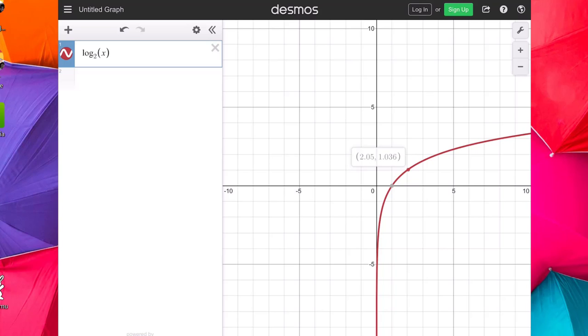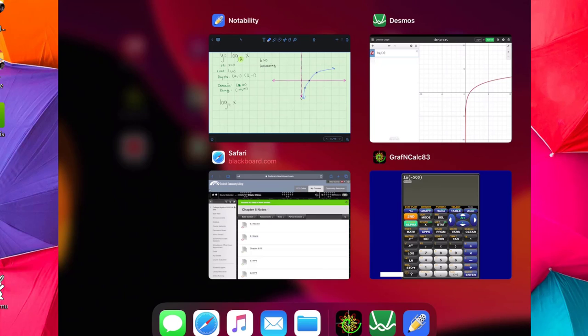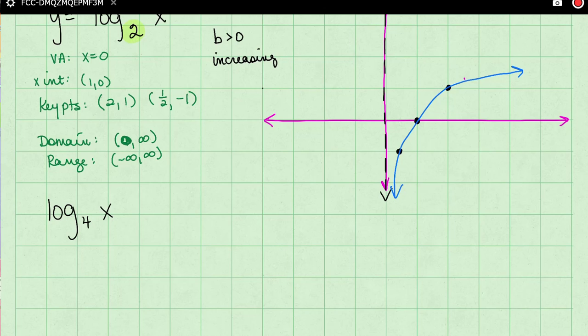That there is a (2, 1) there and a (1/2, -1) as well, but you can see the basic shape there. But the key points you can definitely get from those little formulas I gave.